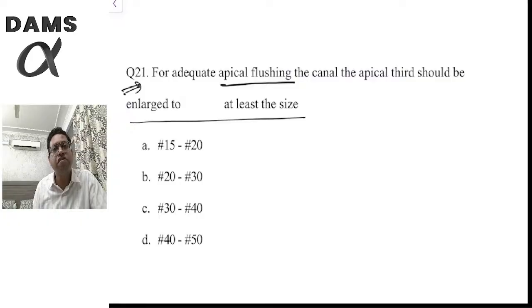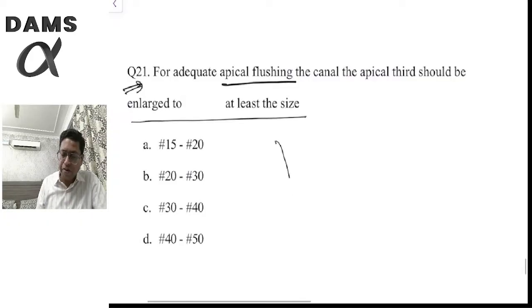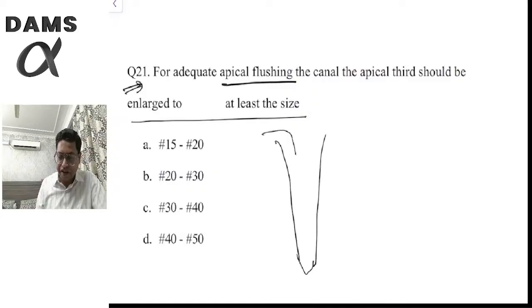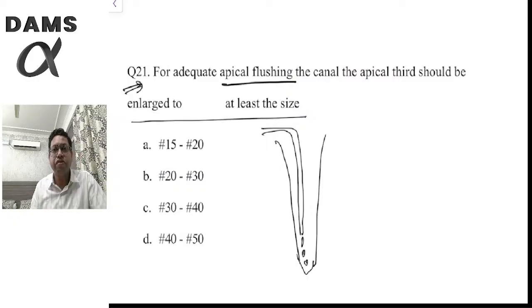Now, how to answer such a question? It is asking you about needle irrigation of the root canals. We are inserting a needle and putting the irrigant solution. We know that the apical 1/3 is the most crucial part of the root canal. It should be thoroughly cleaned by flushing with an irrigant.